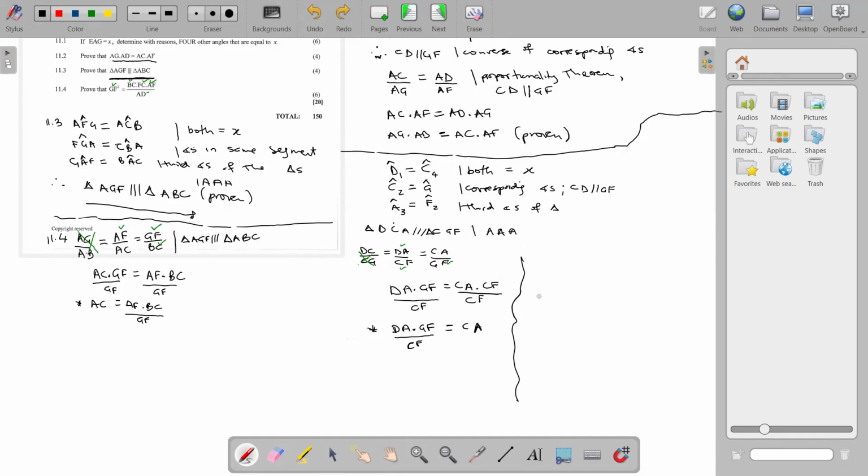DA is AD, multiplied by GF, all over CF, or they use it as FC, must be equal to AF, that one.